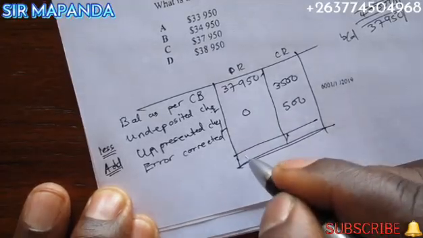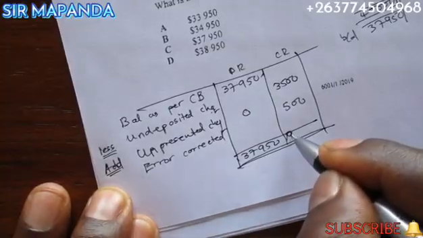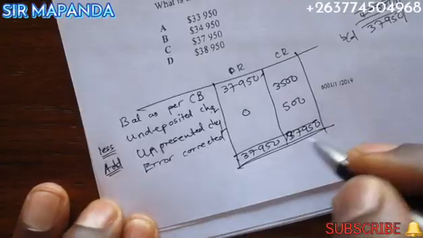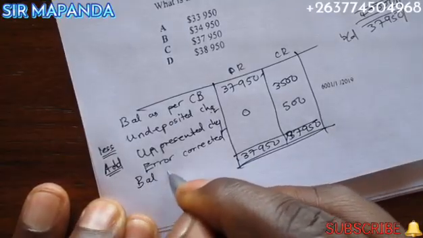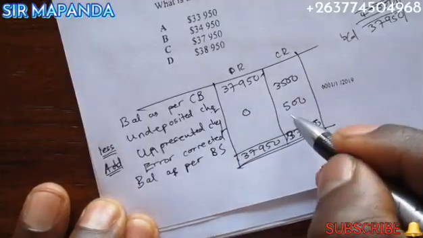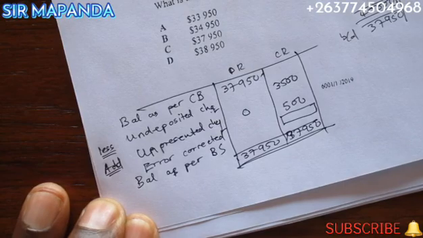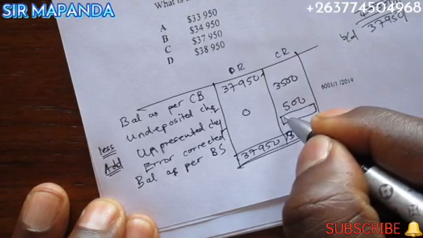The bigger total is 37,950. So you write 37,950 in totals. Then balance as per bank statement would then appear as a balancing figure. So 37,950 minus 500 minus 3,500, you get 33,950.